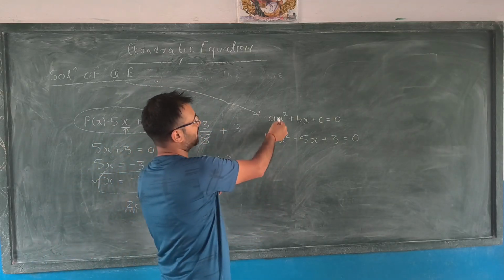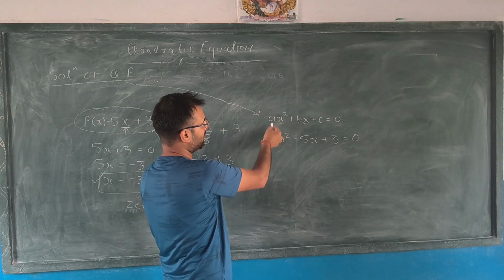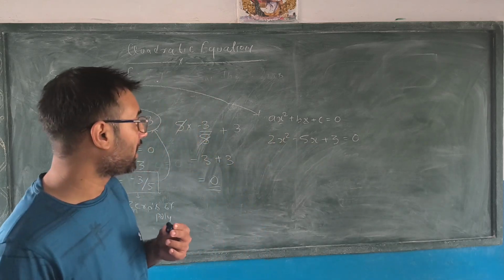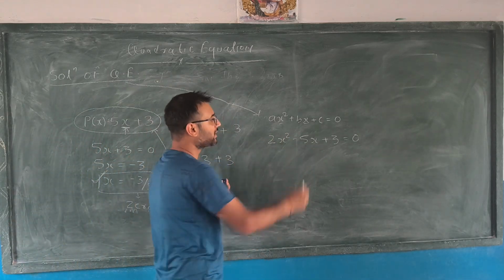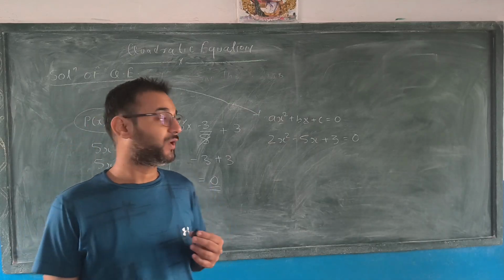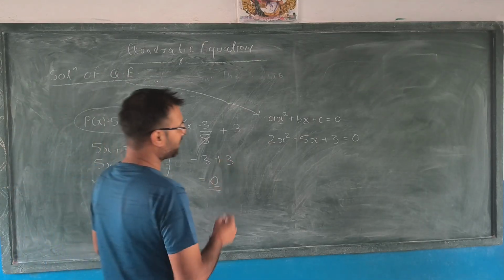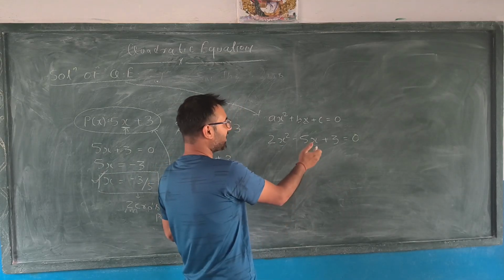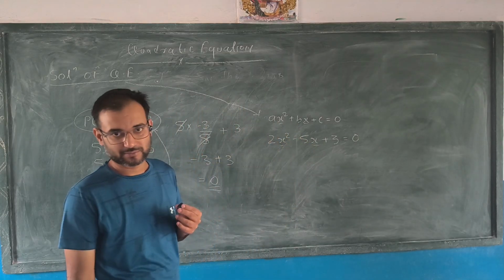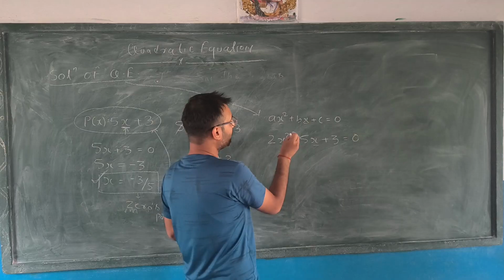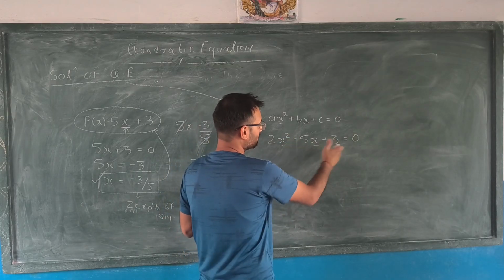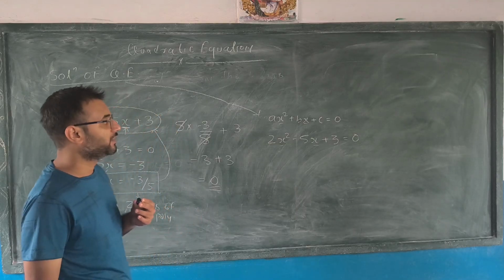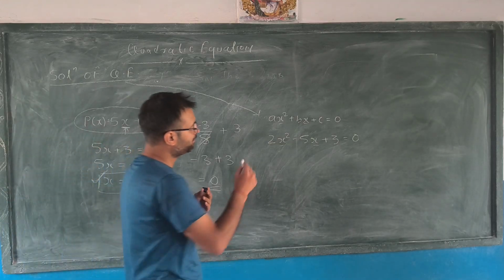The solution of a quadratic equation is the value of the variable that satisfies the equation itself. It means that if we put the value of x, the whole equation becomes 0, that is, L equals R, which is 0.